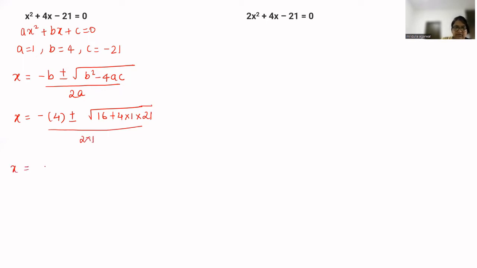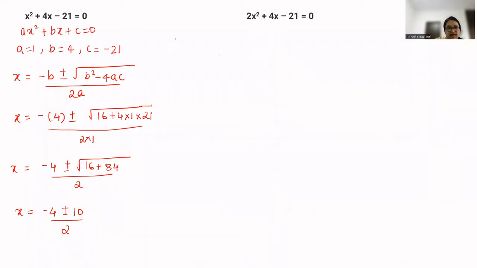The number outside is minus 1 into 4, which is minus 4. We will solve this. We will have 16 plus 84 upon 2. 16 plus 84 is how much? 100. Root of 100 is how much? 10. So we have minus 4 plus minus 10 upon 2.